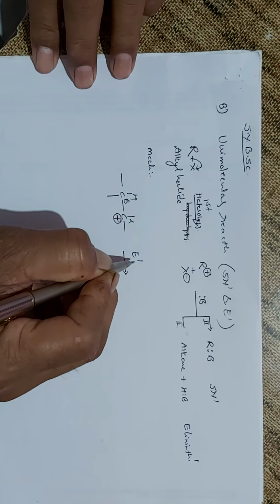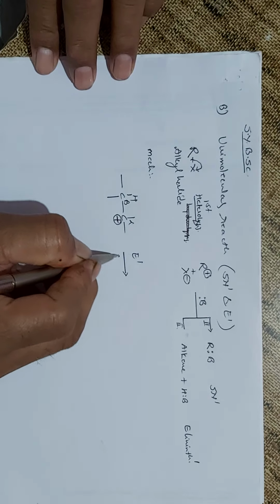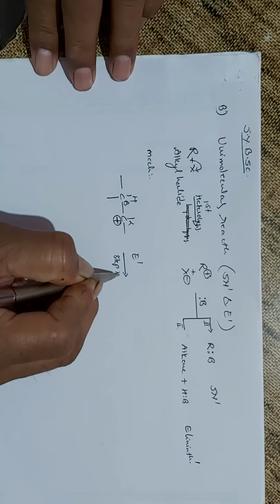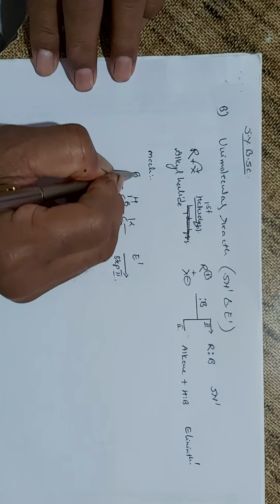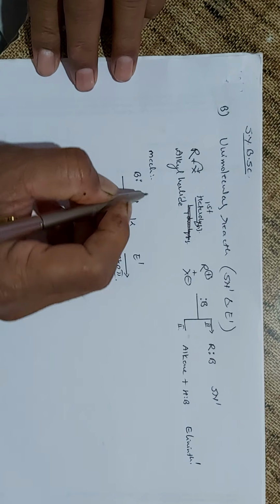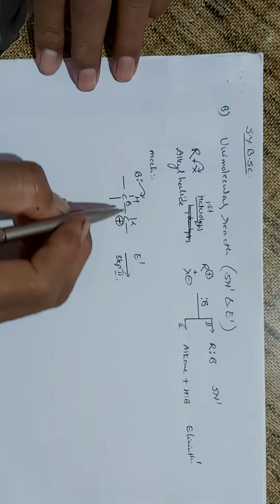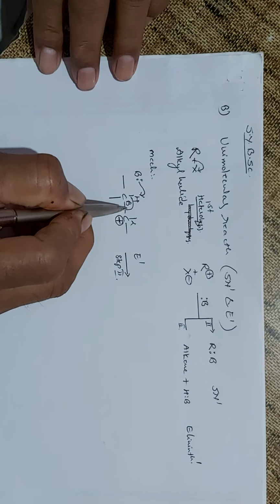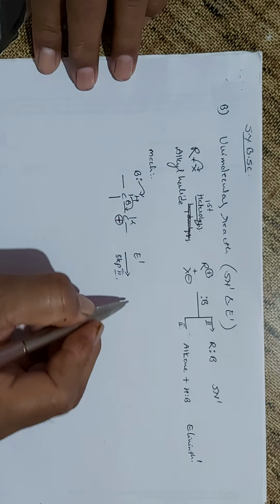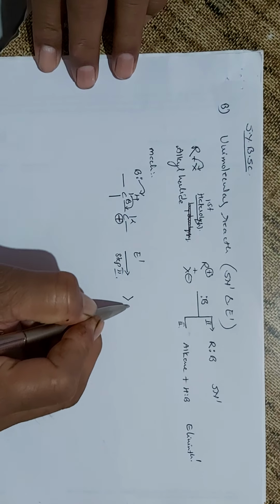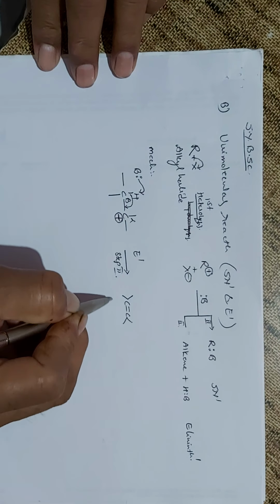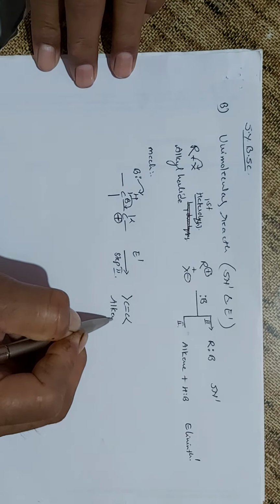In E1, that is step second, the negatively charged species acts as a base and abstracts the proton, and this electron pair is given to the C alpha carbon, and here you get the formation of an alkene as a product.